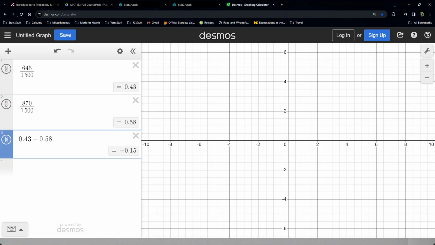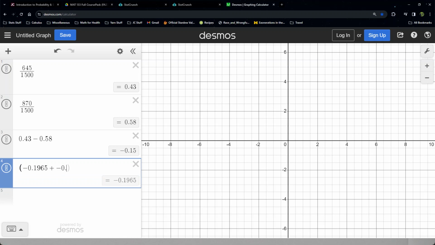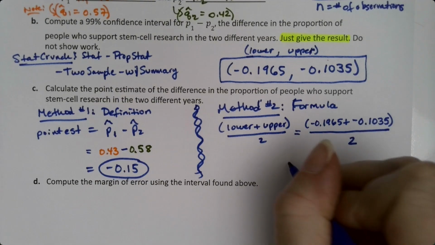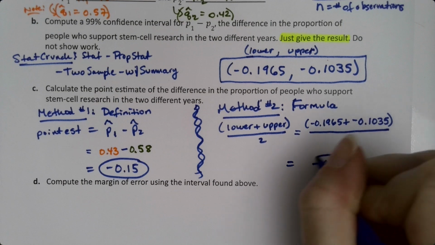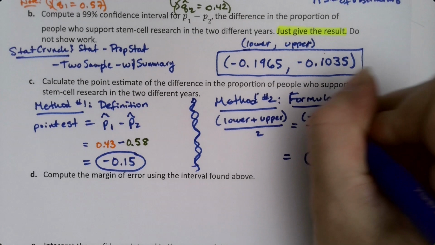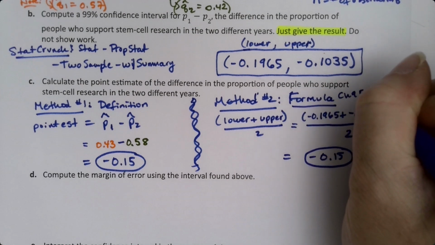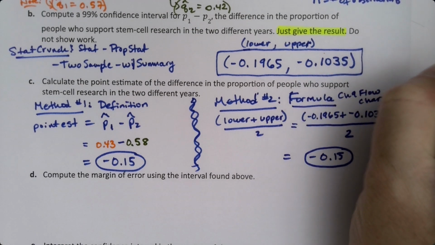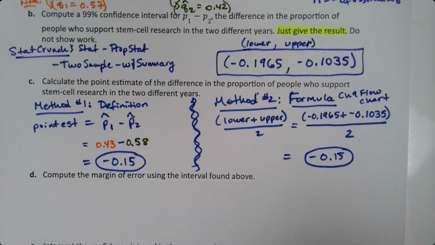Okay, so parentheses, negative 0.1965 plus negative 0.1035, close the parentheses, divide by 2. And we get negative 0.15, which we already knew, of course, but I just wanted to prove to you both methods work, and it's just a question of which method you want, right? This method came out of the Chapter 9 flowchart. Actually, we saw it earlier in section 9.1, but that's where you can find it.